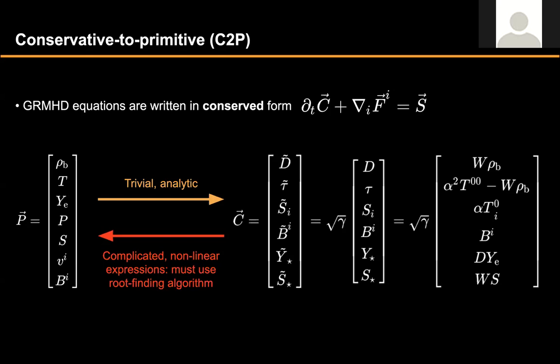But going from C to P is very complicated, and it can range from solving a single nonlinear expression to multiple nonlinear expressions, and often requires a root finding algorithm.